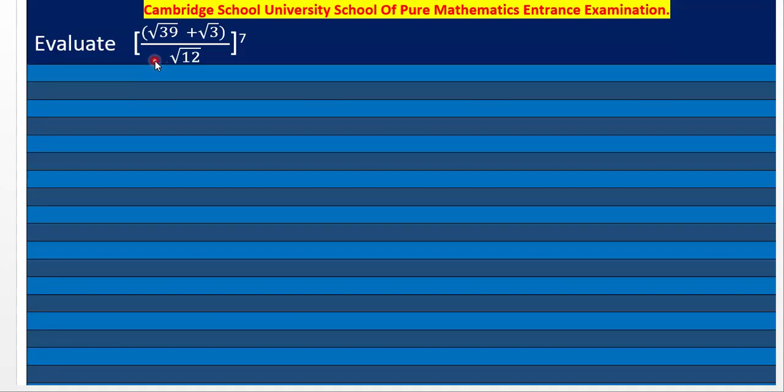Evaluate (square root of 39 plus square root of 3 over square root of 12) whole to the power 7.